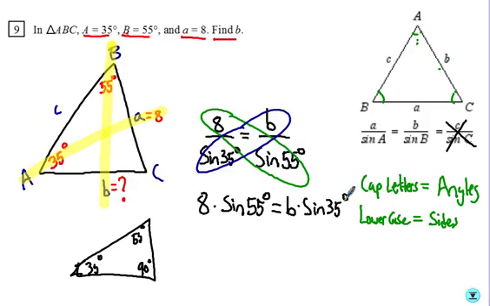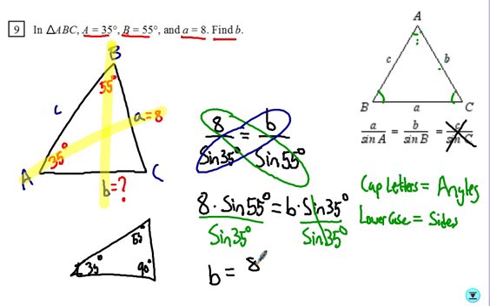And then we just want to get b by himself. What's on the same side as b is the sine of 35, and it's being multiplied, so we know the opposite is division, and we'll do that to both sides. So b is equal to 8 times sine of 55 degrees divided by sine of 35 degrees.